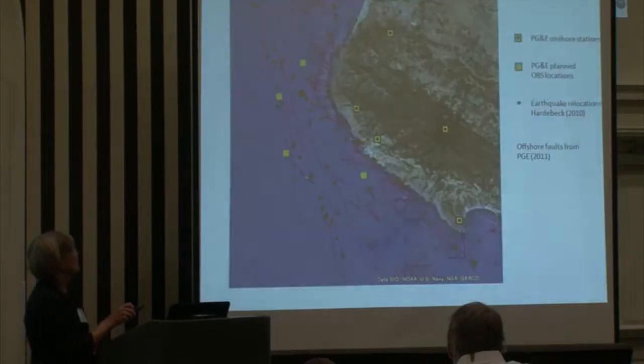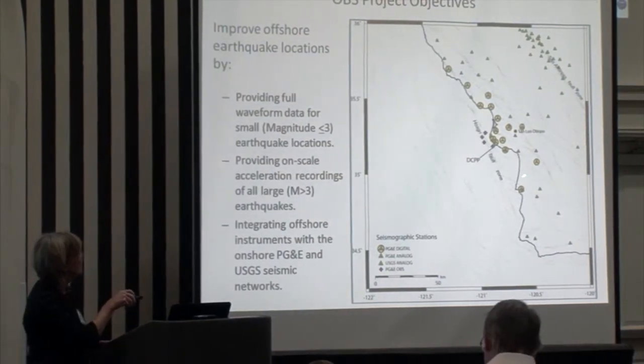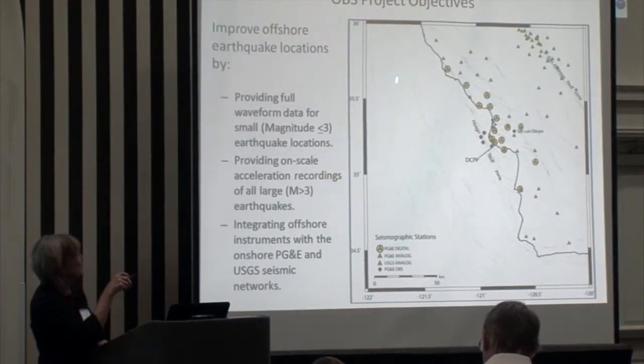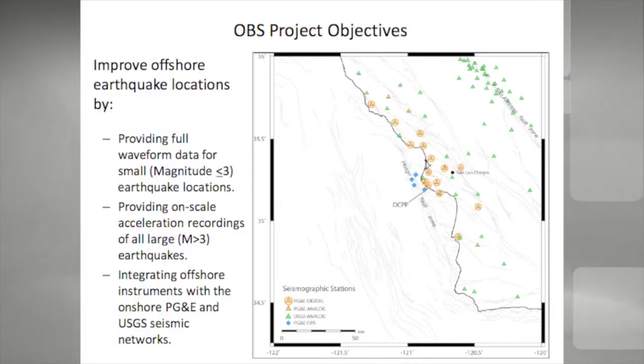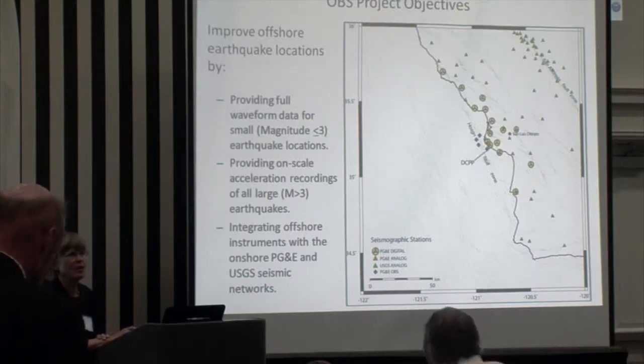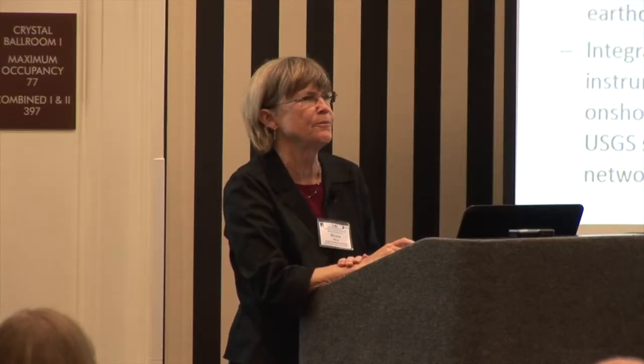this is a map of the seismic stations within the Diablo Canyon region, and the green triangles are USGS stations, the orange triangles are the PG&E stations, and we've been running an approximately 20 station seismic network since 1987.